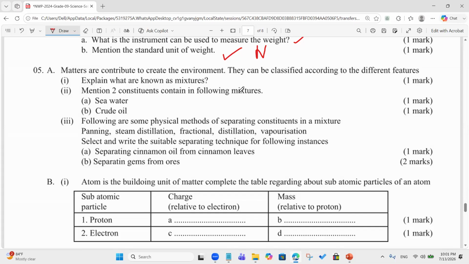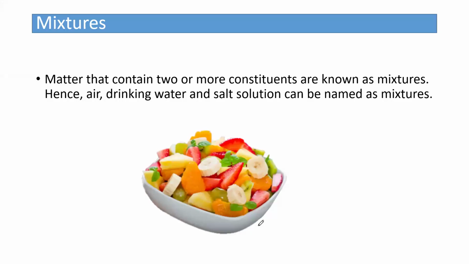How do you define mixtures? Mixtures are matter containing 2 or more constituents, right? You can write this: matter that contains 2 or more constituents. That's known as a mixture, right?